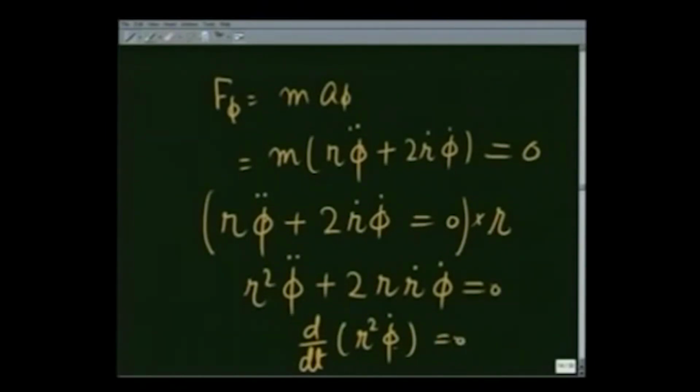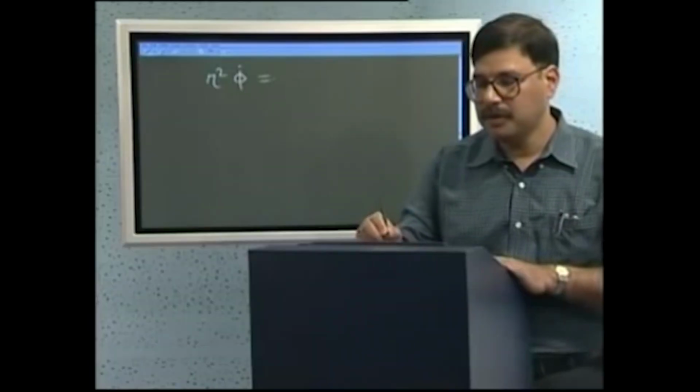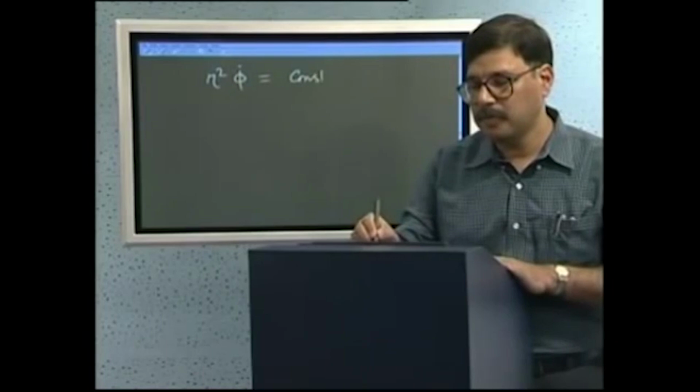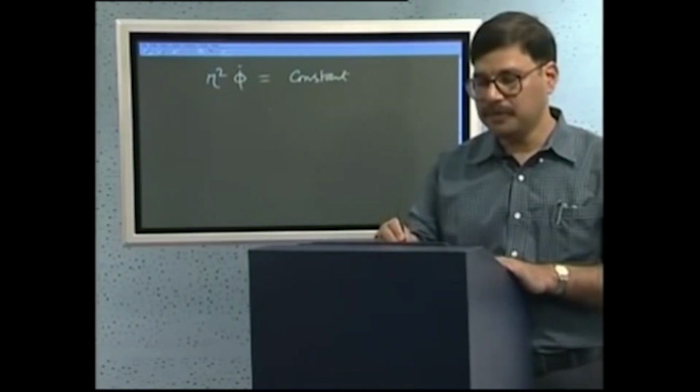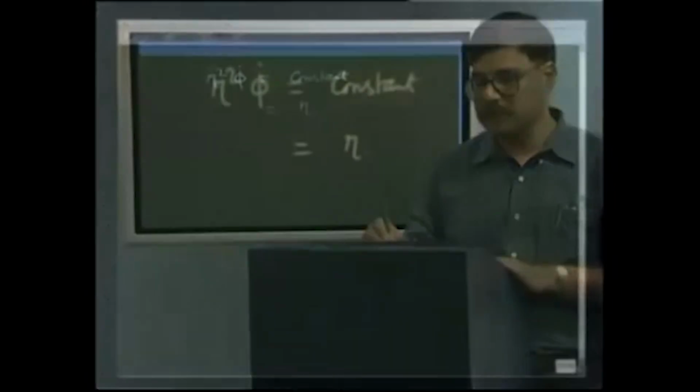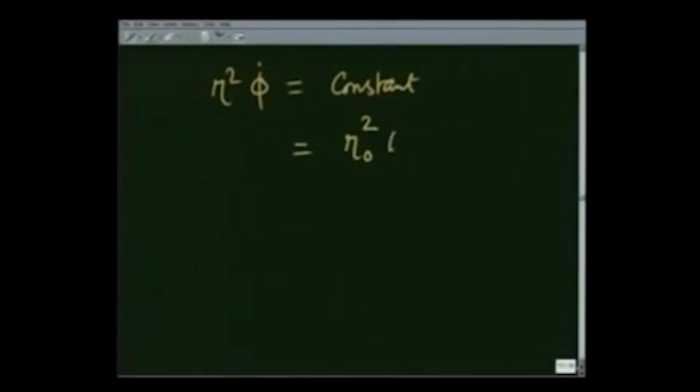Since the derivative of r squared φ-dot is 0, r squared φ-dot is a constant.